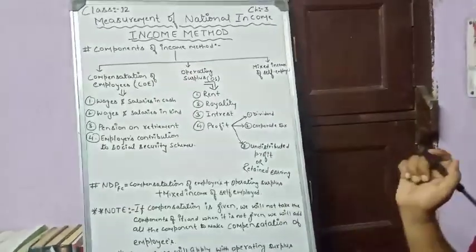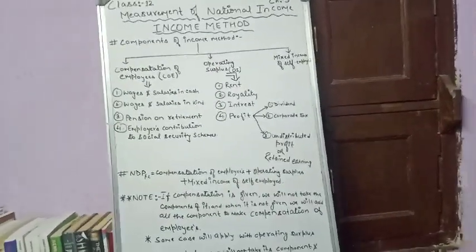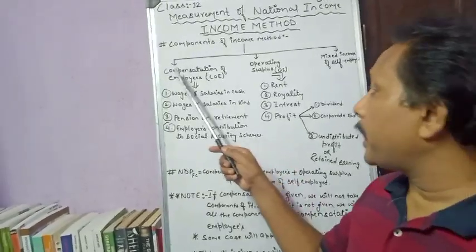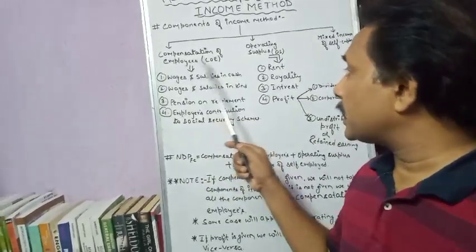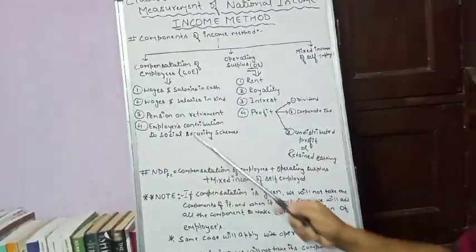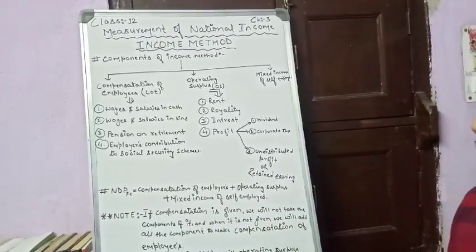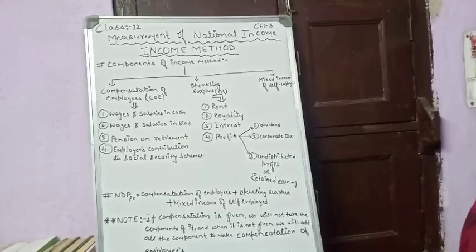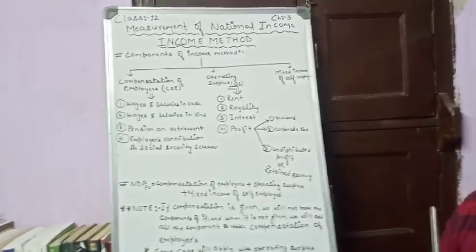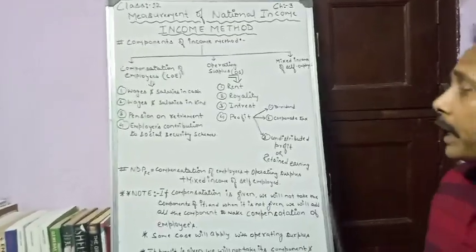Here the students face some problems. Sometimes in the data, compensation of employees is given, and employers' contribution to social security is also given. In this situation, the student should always be careful.